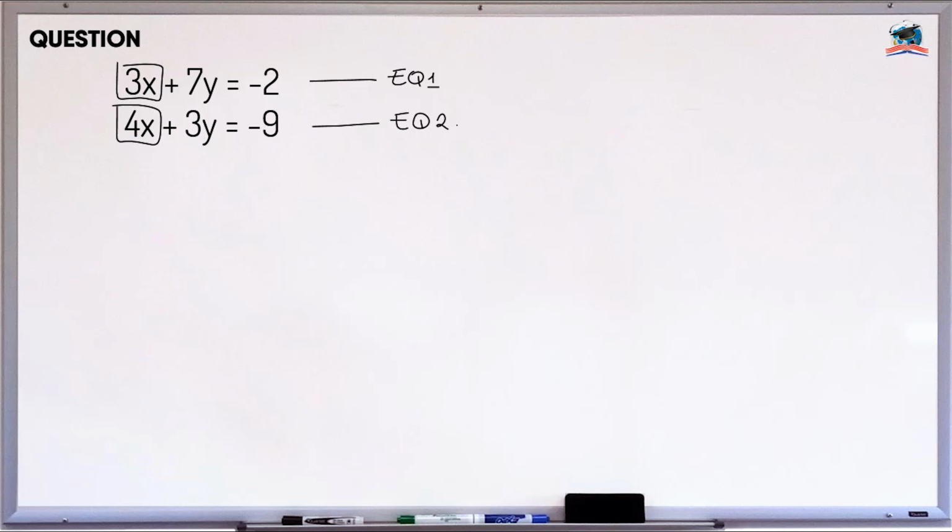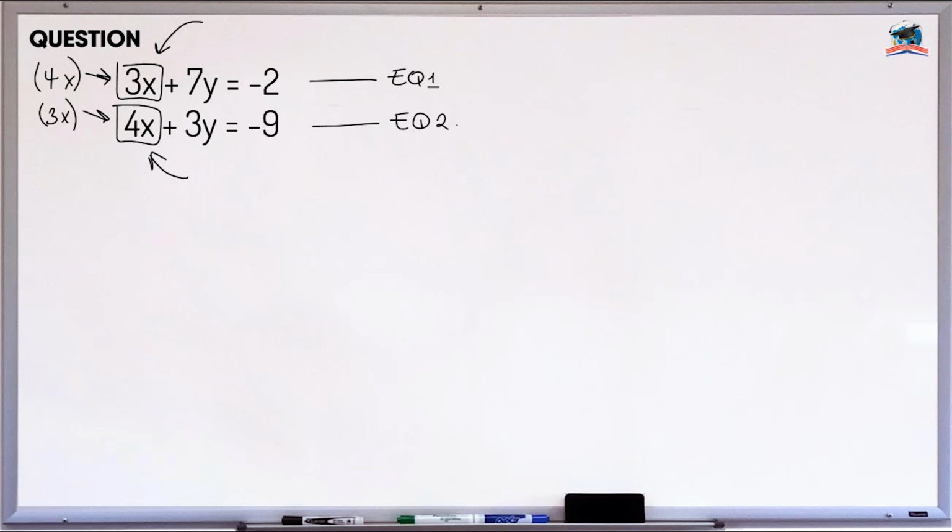Now, if we multiply this by 4, that will make here, instead of 3x, we're going to end up having 12. And if we multiply this by 3, we're going to end up having 12. So we have the same here and here.